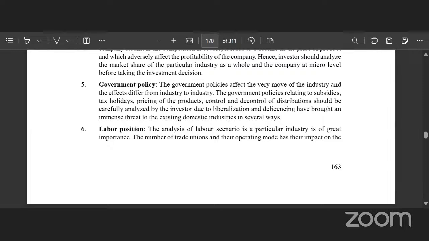So government policies will influence the performance of the industries, and most industries generally look for favorable policies from the government. Any unfavorable ones, take the case of telecom or the petrochemical business. Most of the time, these industries get affected by the policy measures taken by the government.